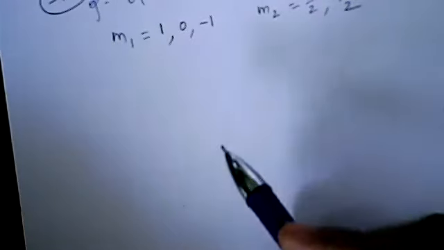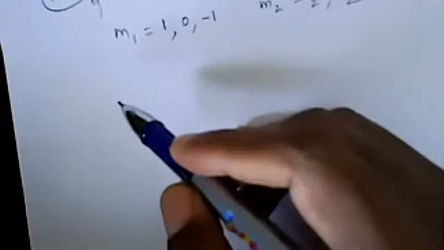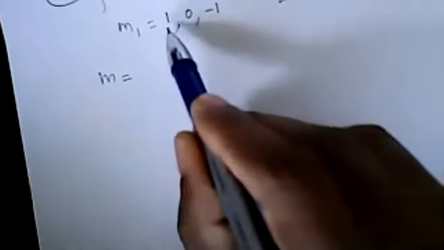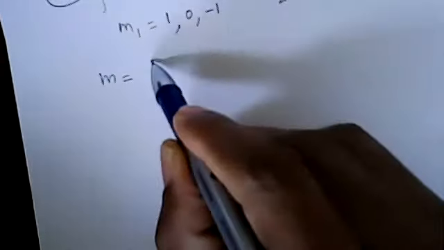Okay, so according to the first rule, what are the possible values of M? M equal to M1 plus M2. That is the first selection rule. So the M values are, you take all the combinations. Here it is 3, here it is 2. So totally M will have 3 into 2, 6 values possible. So 1 plus half, that is 3 by 2.